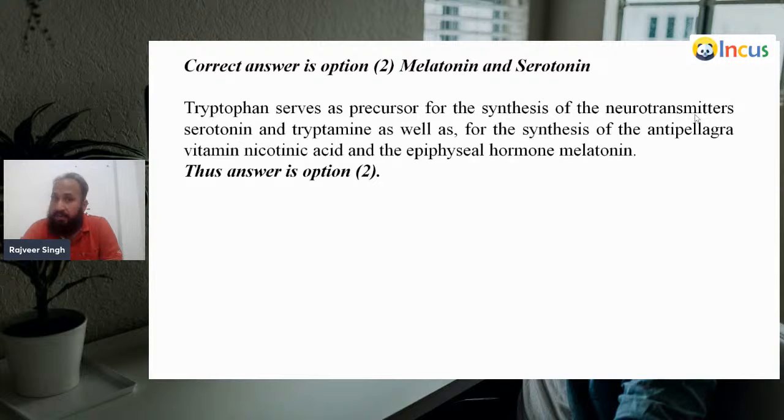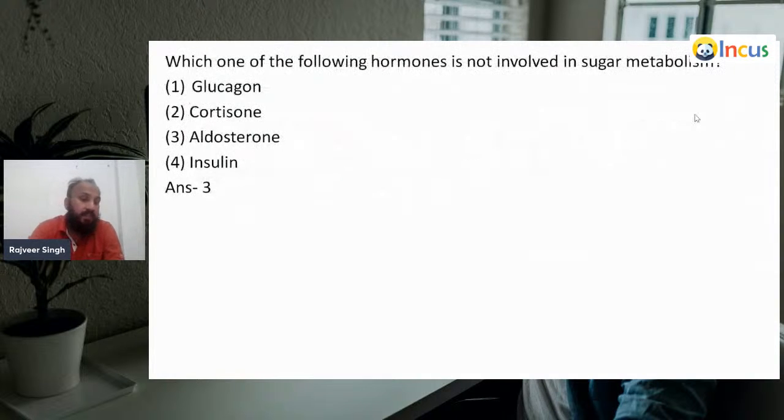This will be our answer because tryptophan serves as a precursor for the synthesis of the neurotransmitter serotonin, as well as for the synthesis of the vitamin nicotinic acid, and the epiphyseal hormone melatonin. Answer will be second. Next one.